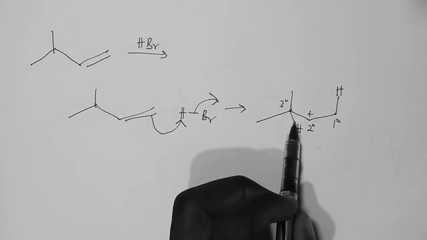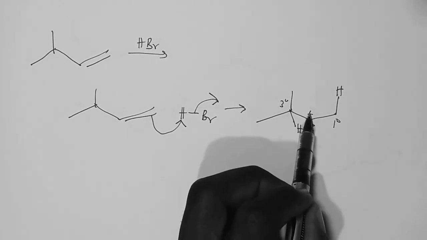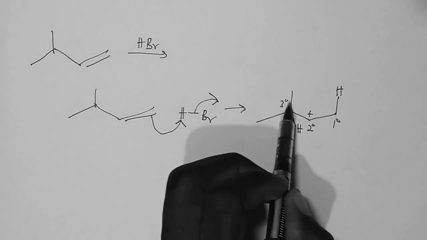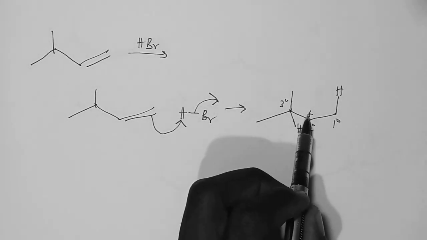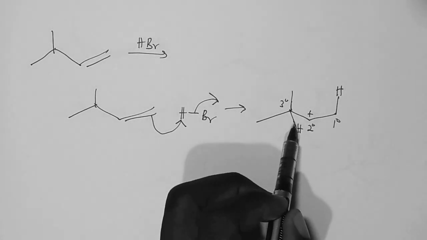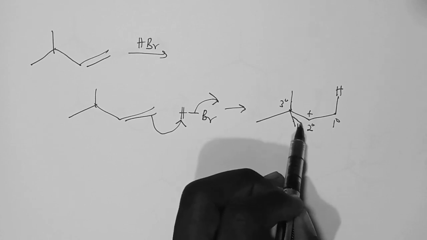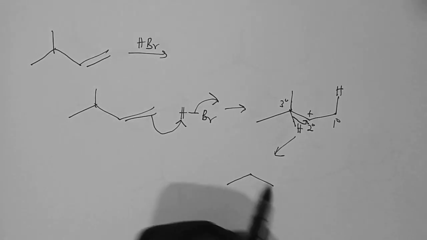Now, if there is a hydride shift from here to here, then the carbocation is moved on to a tertiary carbon. However, if there is a methyl shift from here to here, the carbocation is moved from a secondary carbon back to another secondary carbon. And therefore, instead of a methyl shift, there will rather be a hydride shift that will happen here. So this is what will happen to lead us into this product.